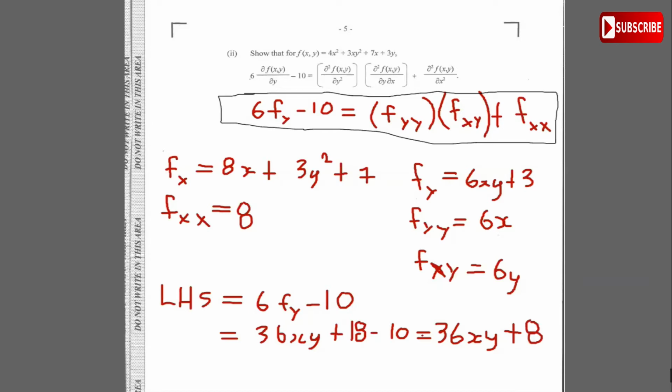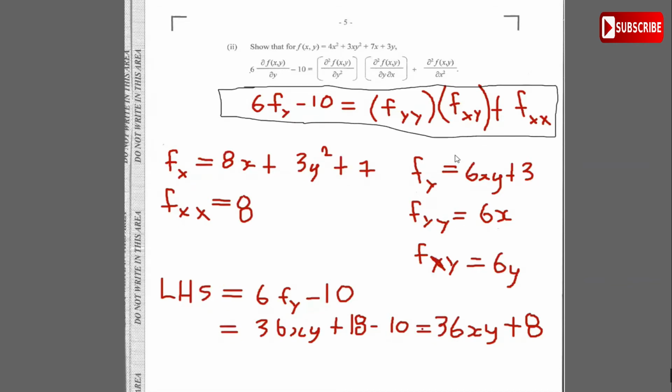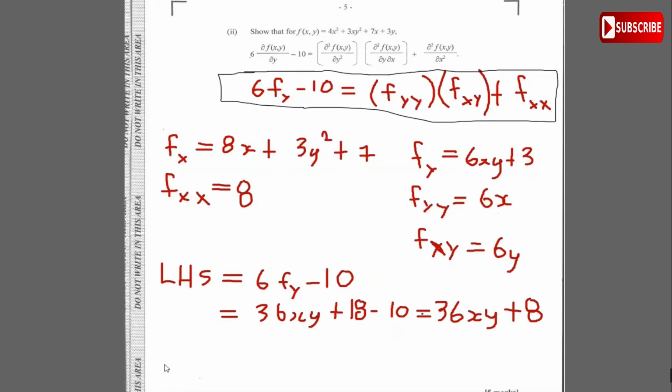All right, now that I get that, let's go ahead now, moving right along. I now need to show that my right hand side is going to be the same. So my right hand side is going to be equal to fyy times fxy.